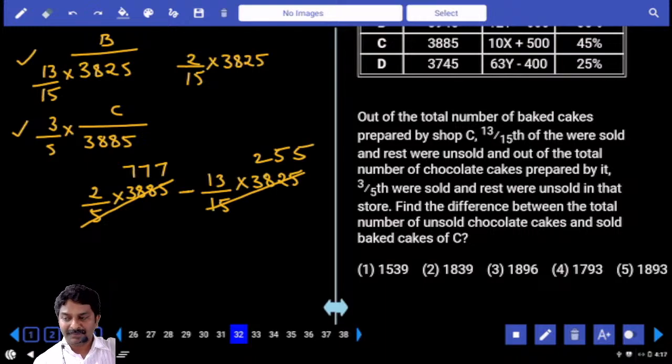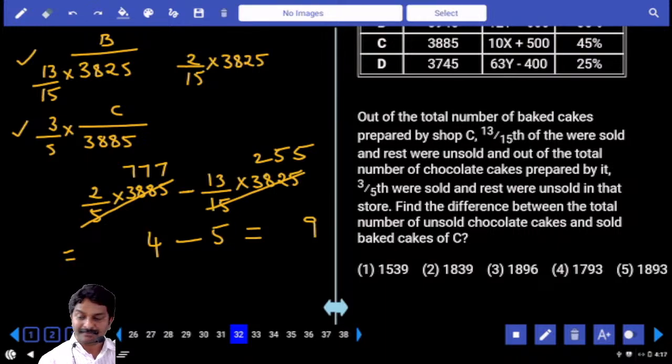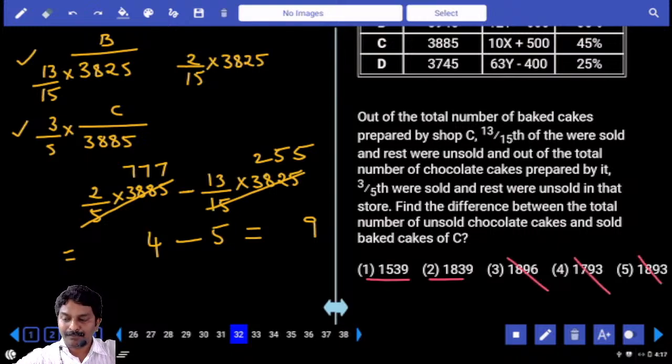Correct? Now let me verify using last digit verification. 7 into 2 ends with 4. 3 into 5 ends with 5. 4 minus 5, the answer ends with 9. First, second: 2 possibilities are there. Correct?